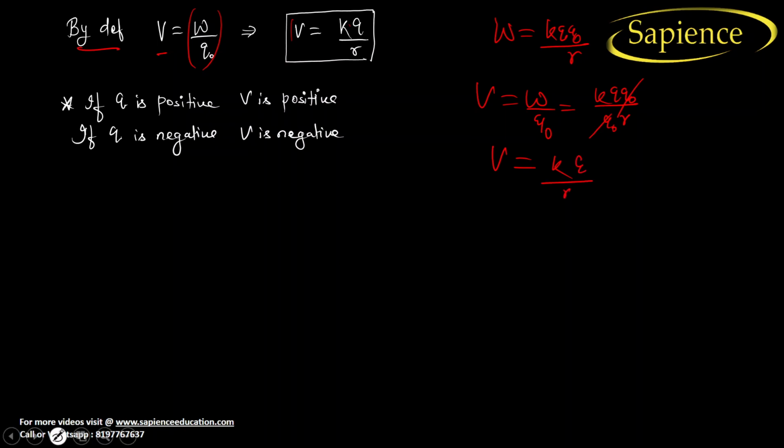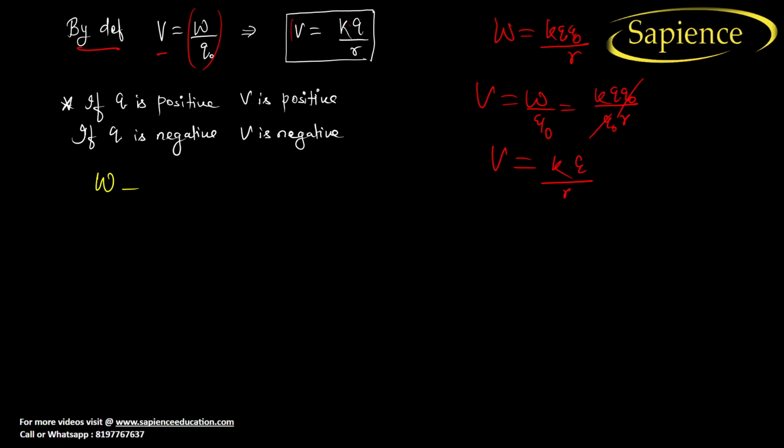So here we have got two formulas. The first formula is work done. You know that we have already done some parts in the electric field chapter.